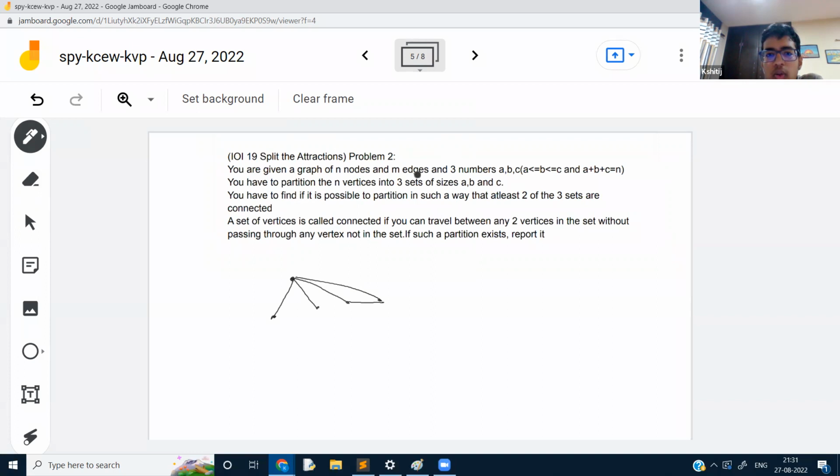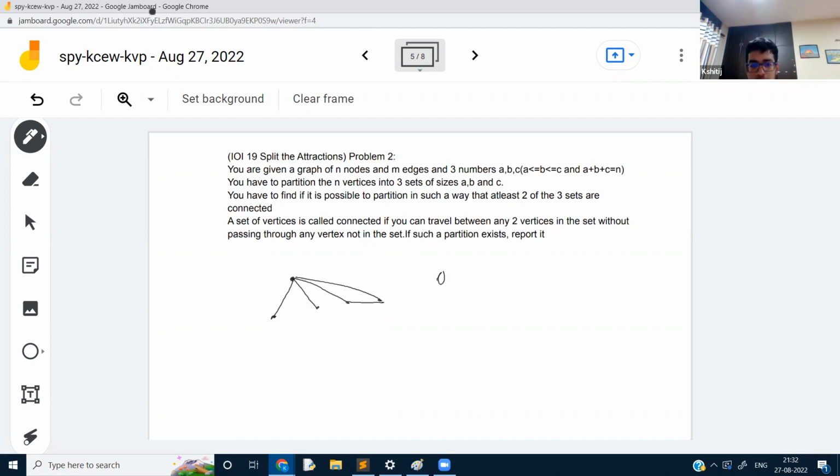You have to partition the n nodes into three sets, and the subgraphs of at least two of the sets must be connected.